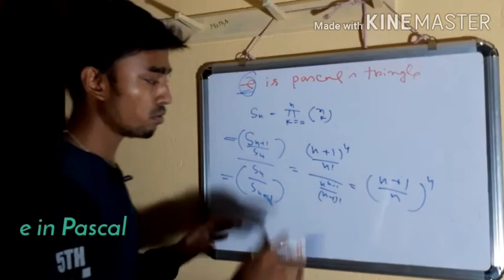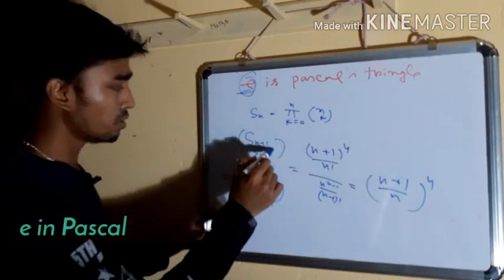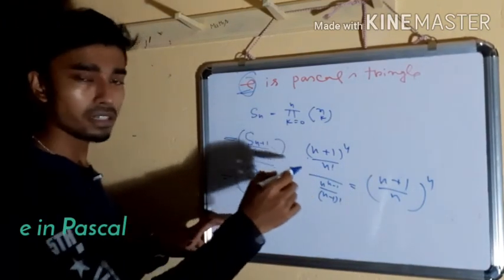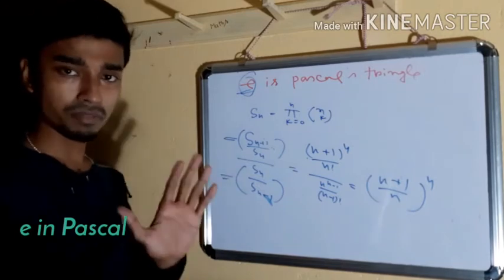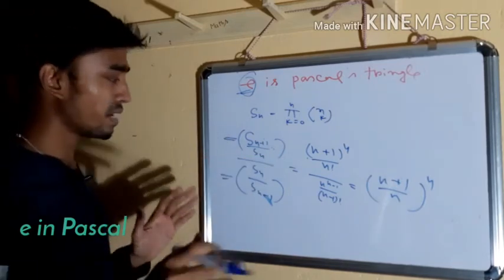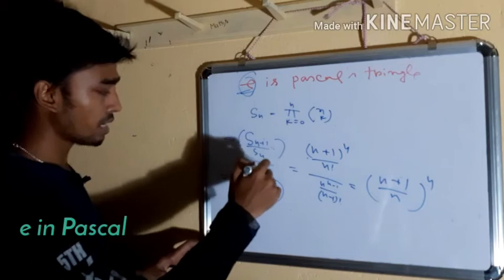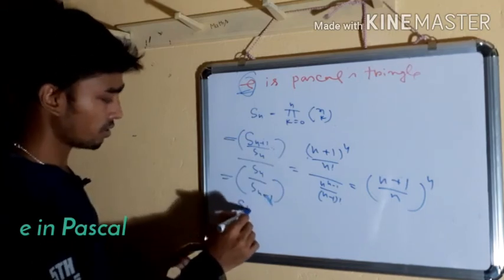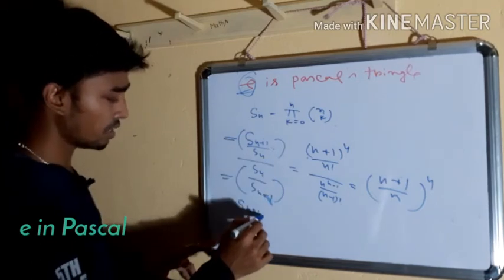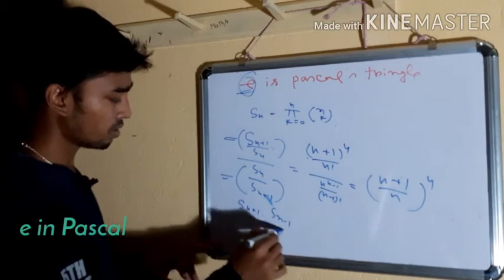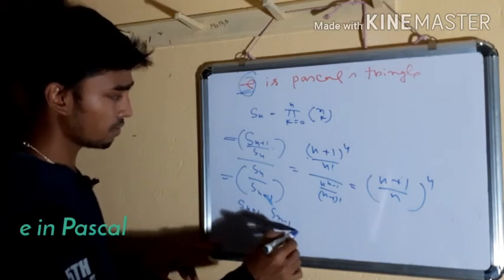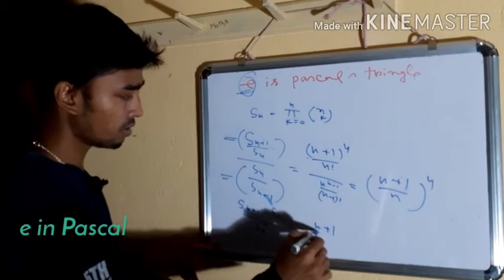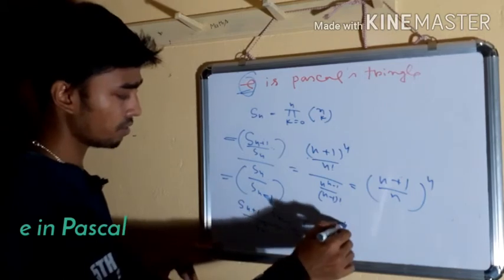It generates this, but how this turns up, I will discuss in my next video, not in this video. I will make this video short. So if we calculate this, Sn plus 1 into Sn minus 1 by Sn square is basically n plus 1 by n to the power n.